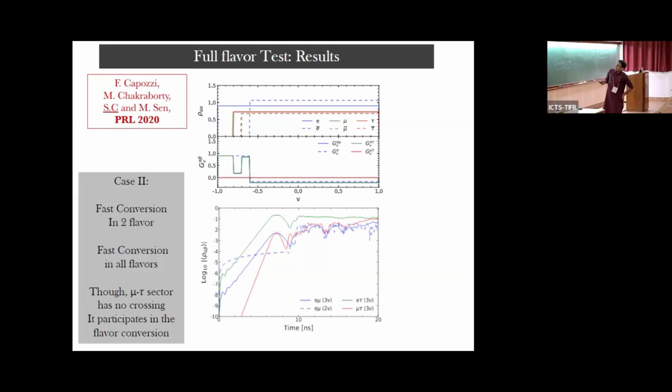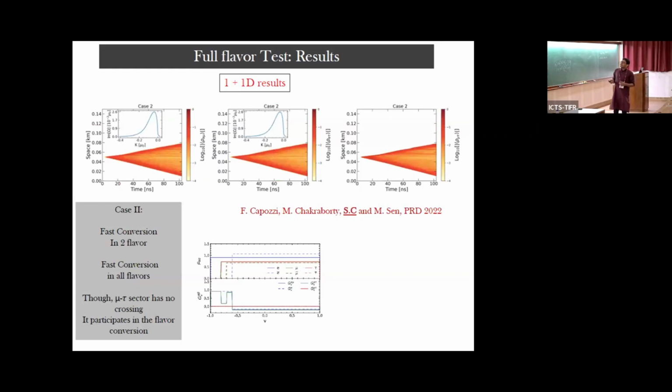And this is another case, the opposite case, where there is no flavor conversion in the two flavor. Here you have flavor conversion in only one kind, but now once you have the three flavors, you have three different kinds of flavor instabilities coming up.